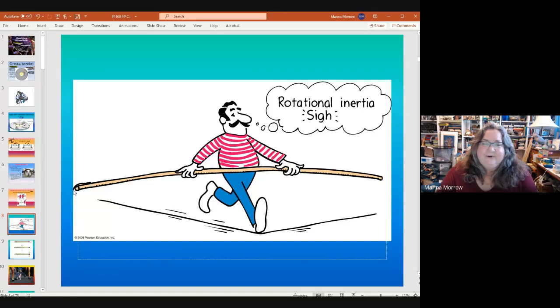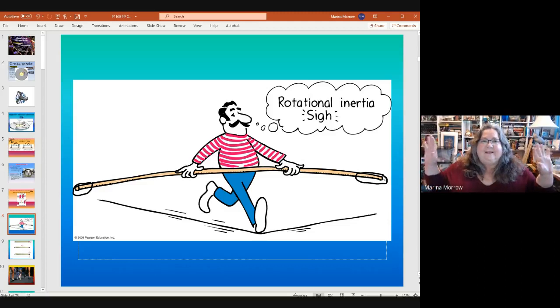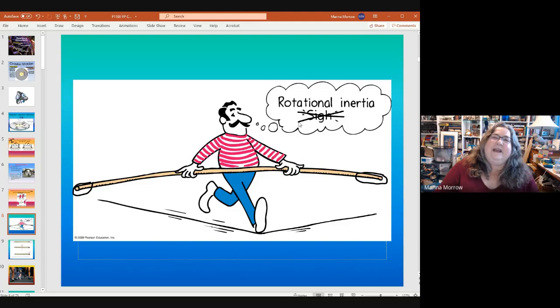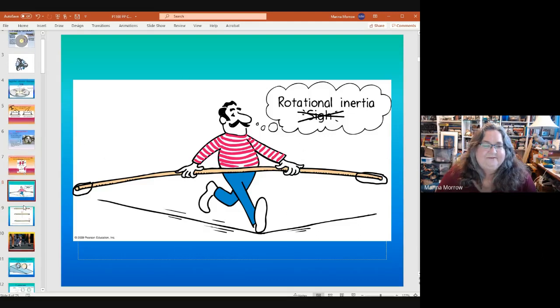And sometimes they even put weights on these poles so that they droop down more. And that puts greater mass further out and makes it harder for them to rotate and therefore tip over. So he shouldn't be sighing here. He should be happy because rotational inertia is actually helping him stay upright.